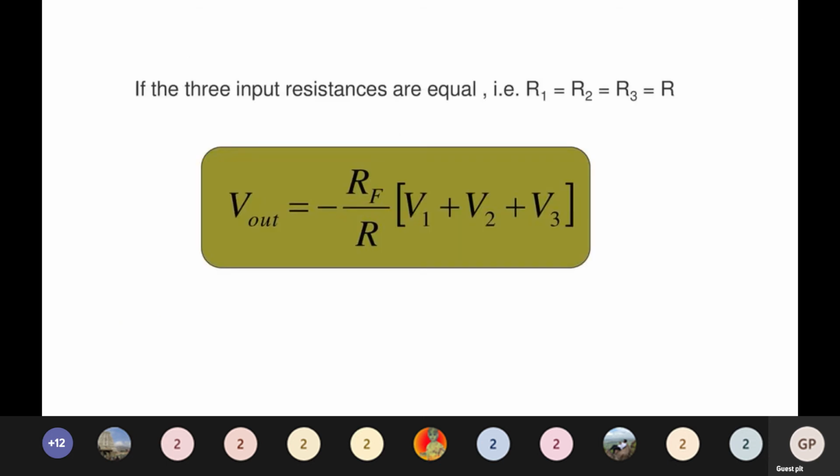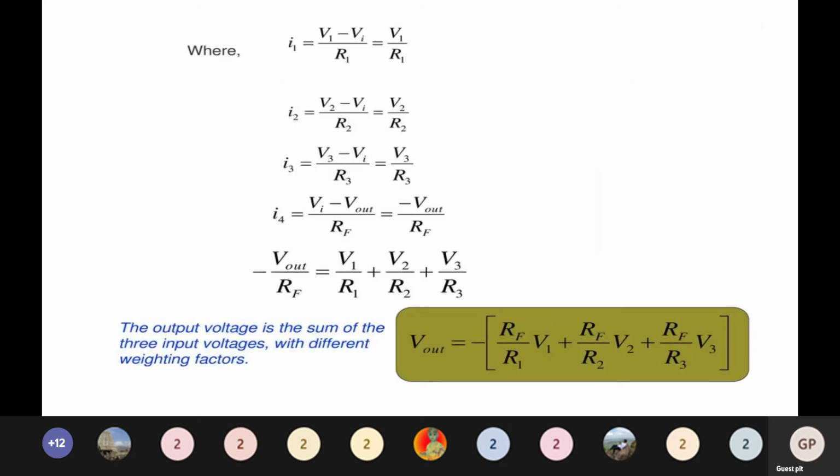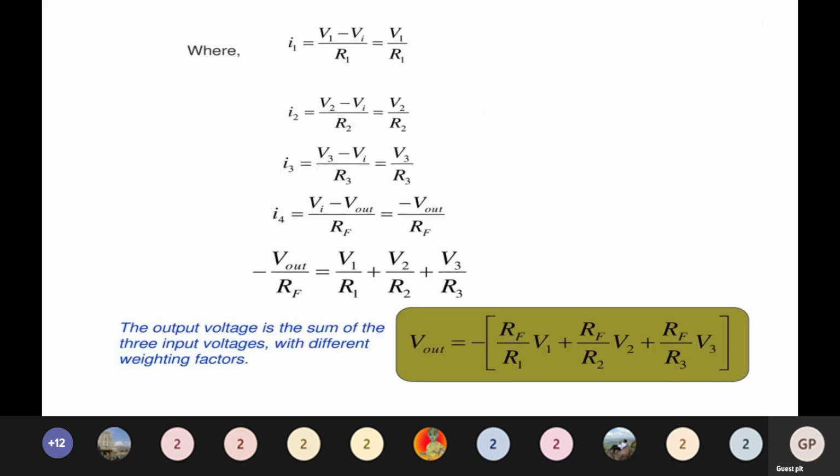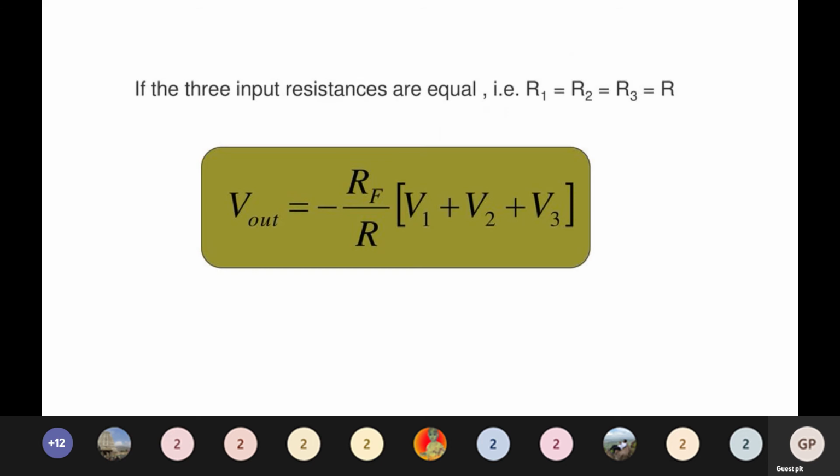Right? And if we assume that all the resistance values are the same, I'll go back to the circuit. I'm talking about these resistances. If R1 equal to R2 equal to R3, all the input resistors are of equal value, then V out will be equal to minus RF by R into the sum of inputs.